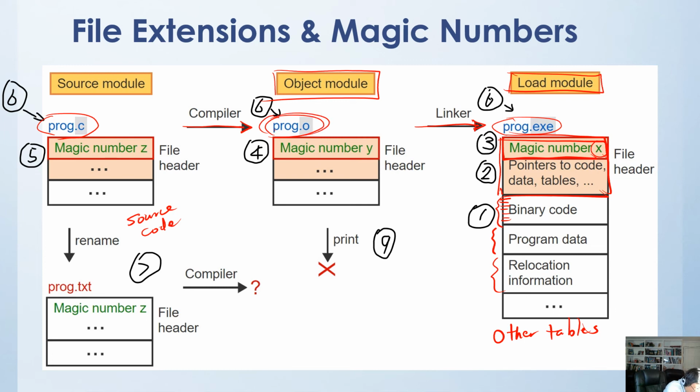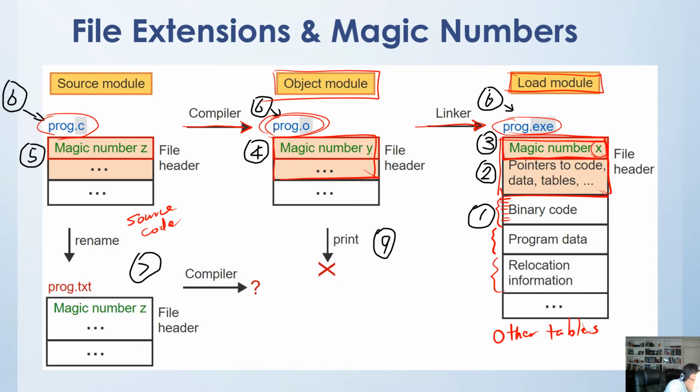And as we said, the loader module was produced by the linker from the object module. So the object module also has a file header. It tells the operating system that this is an object module, the type of this module.